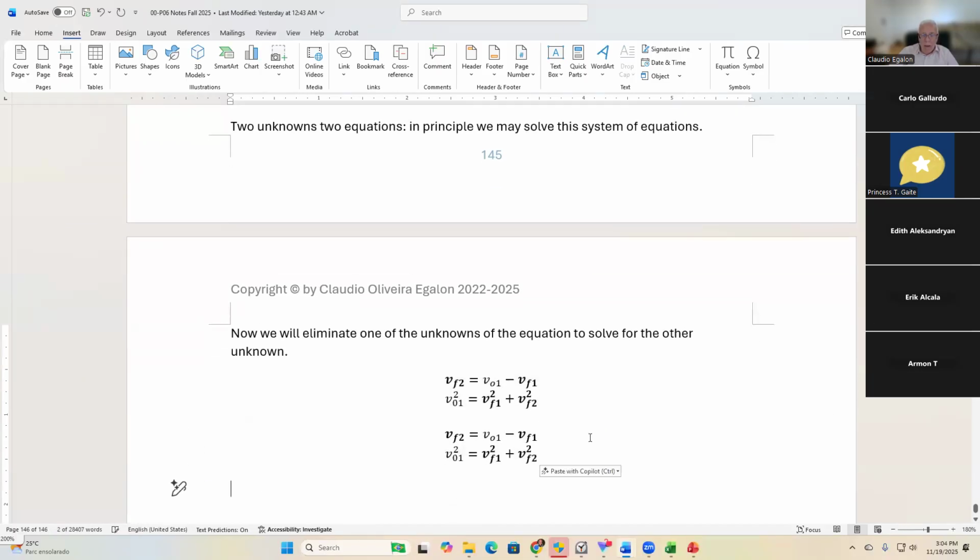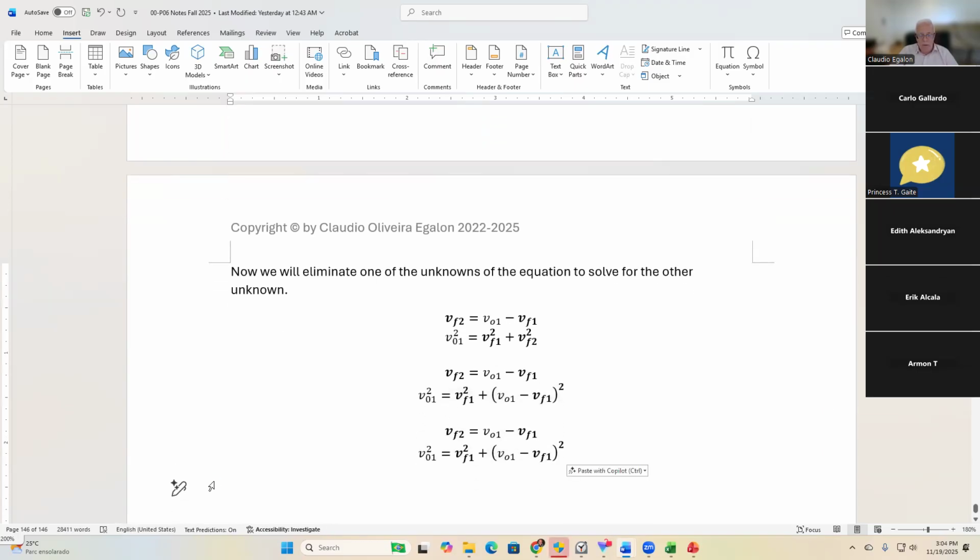Let's go here. Copy and paste. I'm going to put parentheses. And don't forget to raise to the square. This square here is this square right in here. I'm not going to erase this equation because I'm going to need it later on. But I'm going to expand the second equation.